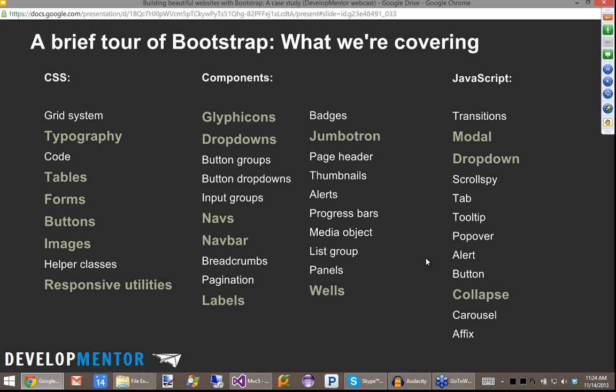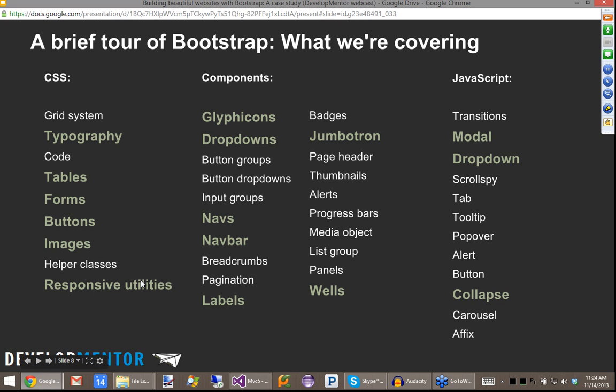Okay. So the parts that we use at develop.com that we talk about, obviously the typography. Just by including the CSS, you're using the typography. You already look better, more readable, more uniform. Tables, forms, buttons, images, responsive utilities. That's the new MVC5 template I showed you. When you make it smaller and the menu kind of goes away and it becomes that drop down.